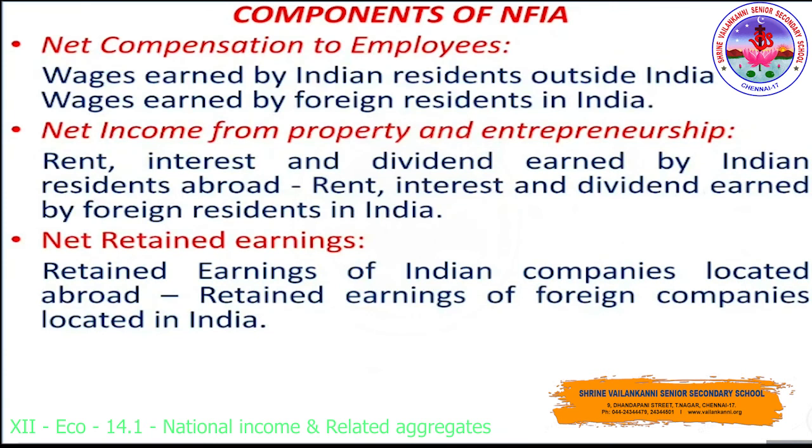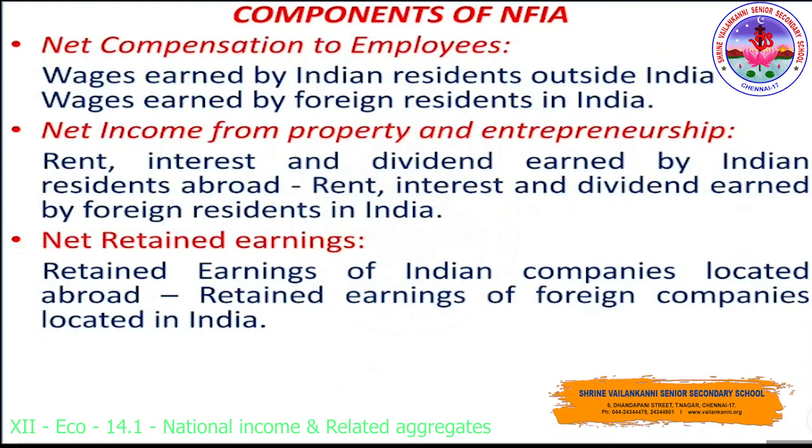Now, what are the components of NFIA? Net compensation to employees, that is, wages earned by Indian residents outside India minus wages earned by foreign residents in India. Net income from property and entrepreneurship: rent, interest, dividends earned by Indian residents abroad minus rent, interest and dividends earned by foreign residents in India.